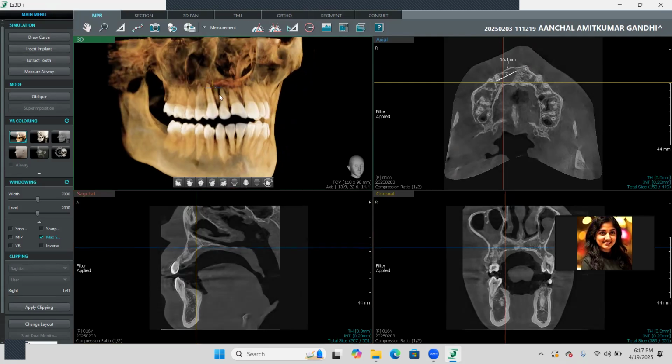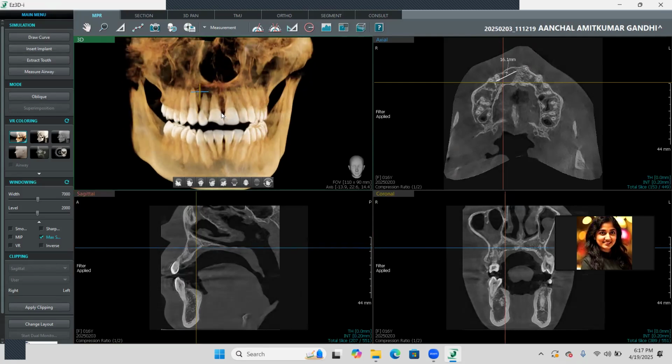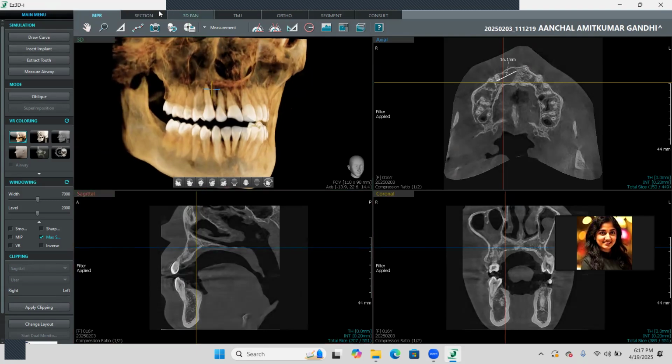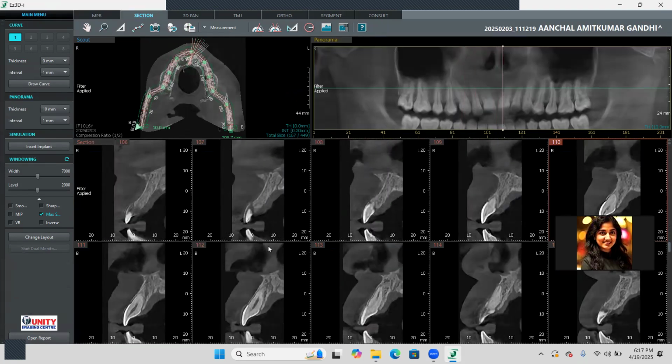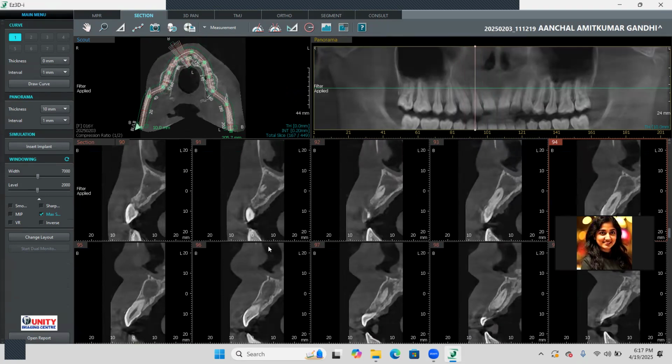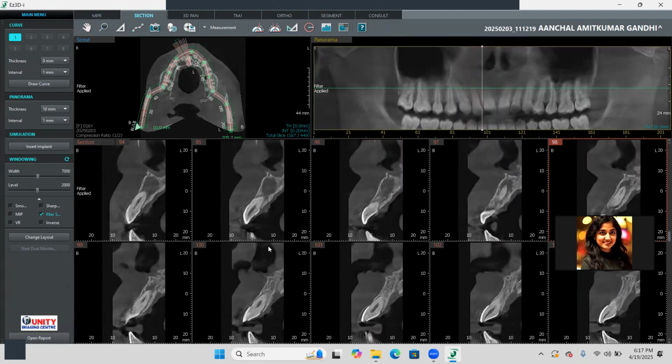There is fracture, so it may be a long time history. There's no root canal or any procedure done. The apex also is closed. We can draw a small curve also, limited to this region.